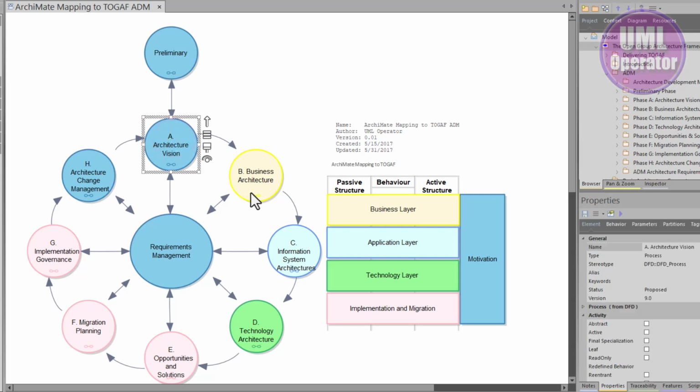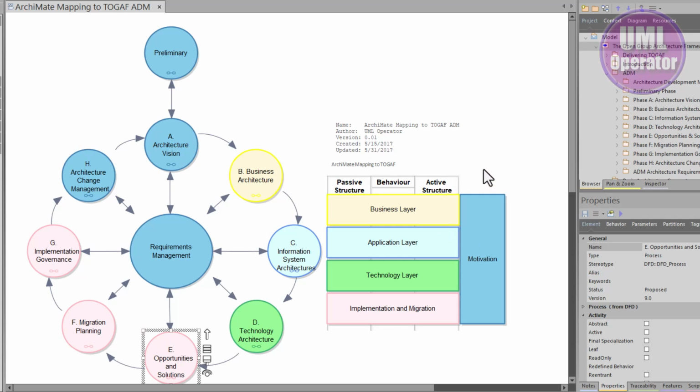We have an architecture vision, we have a business architecture to support the architecture vision, and we need to have an understanding of our information system architecture, our data, our intelligence. We have various technologies that we use as we're delivering our solutions all the way up to deployment.